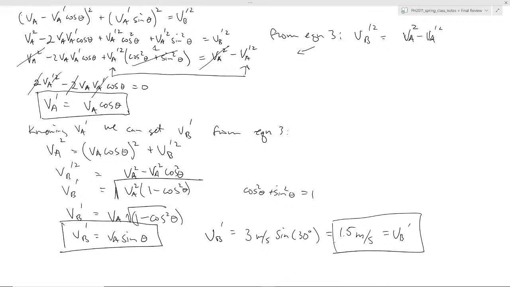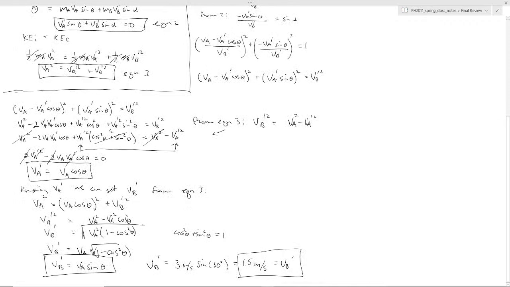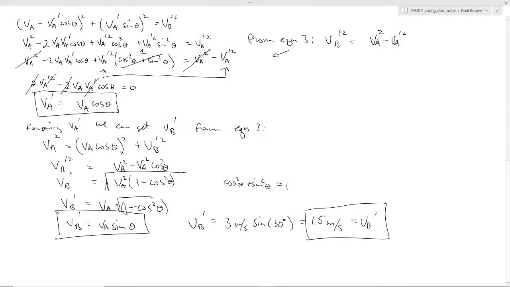So I hope that's helpful for you to see one of these more complicated problems. It's definitely a little more just algebra. It's good to practice them.